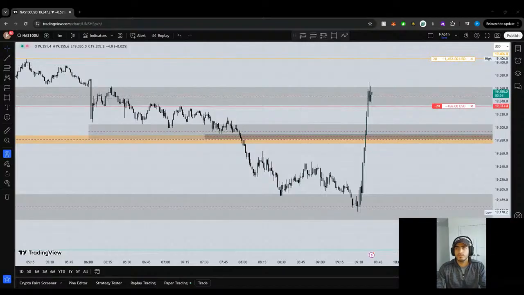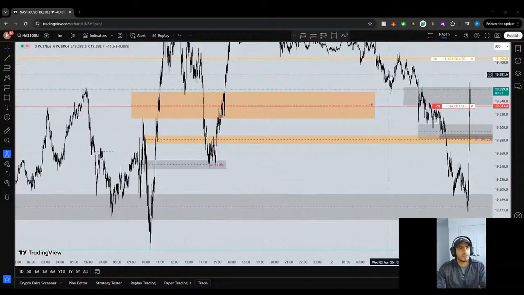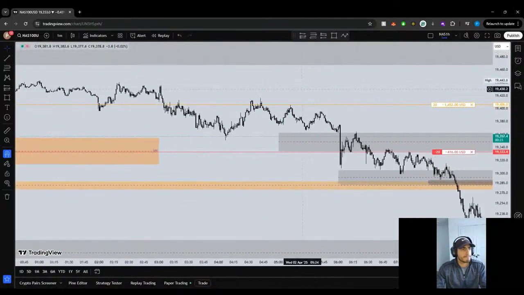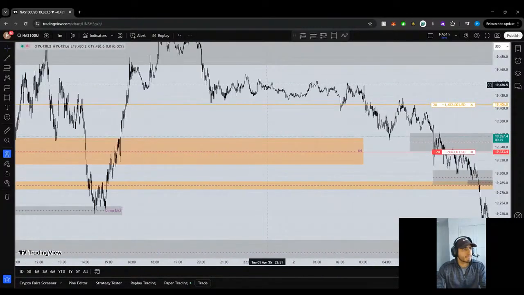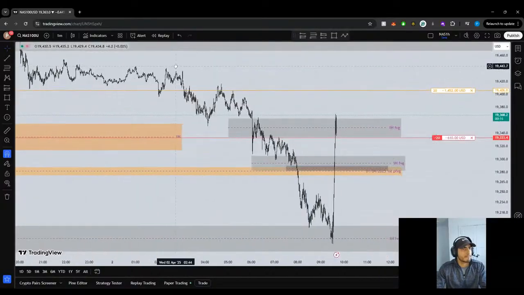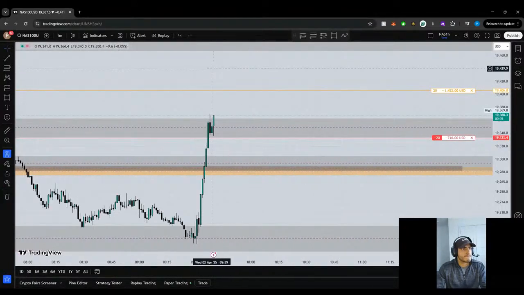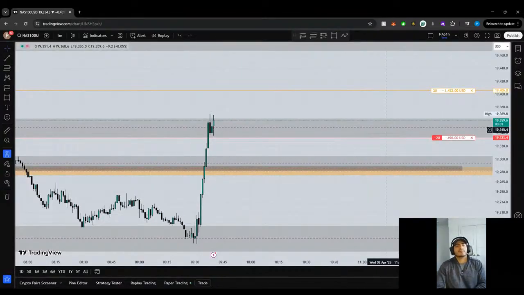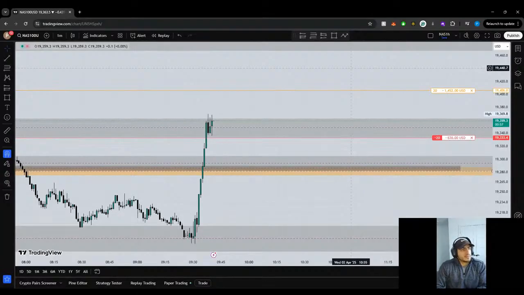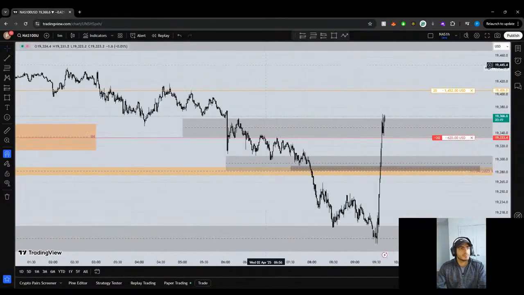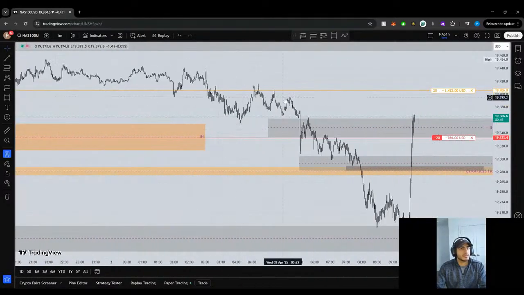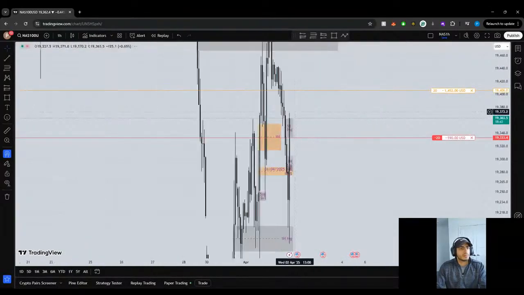I'm trying to think if the stop loss is at the right place or not. Probably not, but we'll see. Okay, it's getting interesting. So we have this 1 hour and the last one over here.